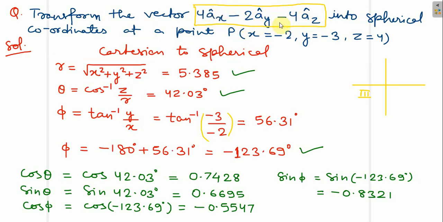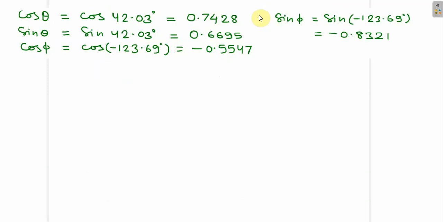This vector is given in Cartesian, we need it in spherical. So obviously we will have to calculate the spherical counterparts. If we need a vector in spherical, that is AR, A theta and A phi, so AR equals to how much?